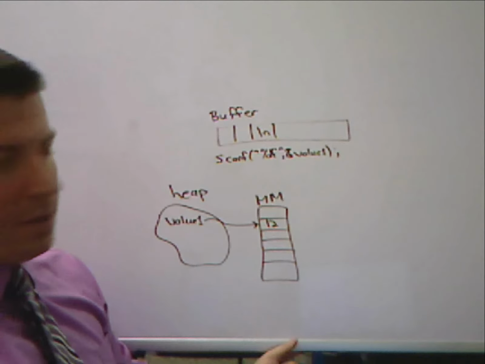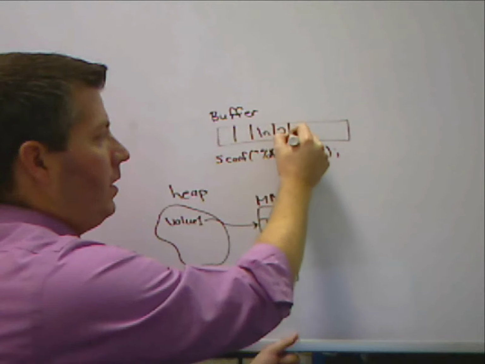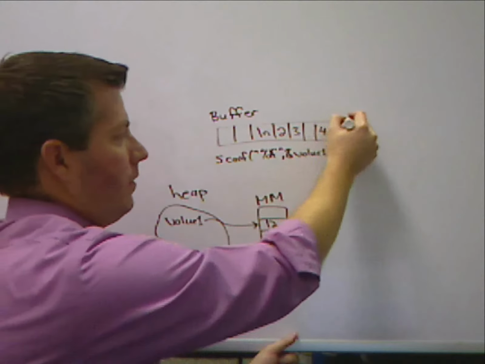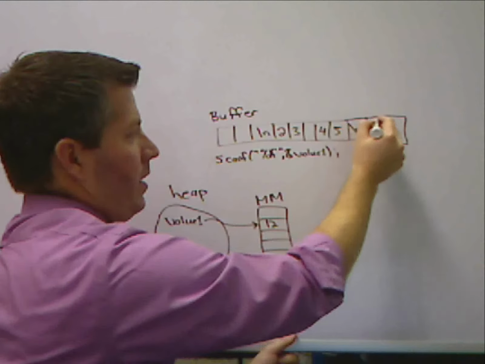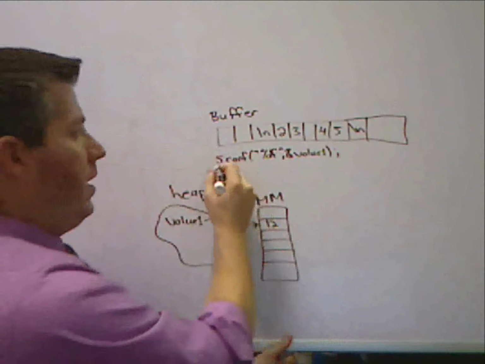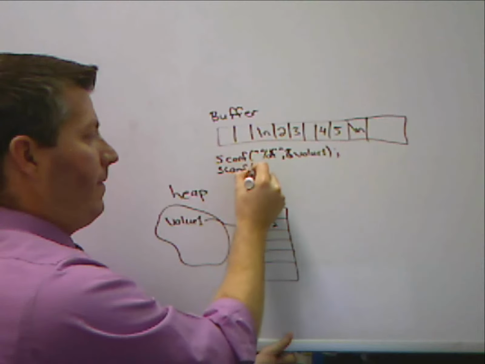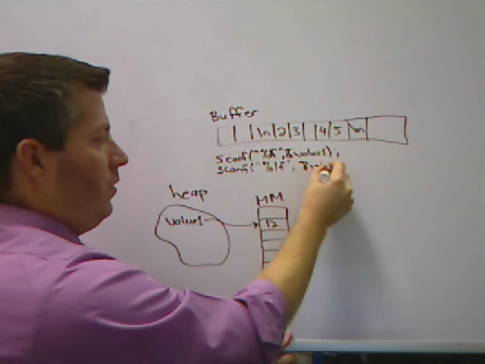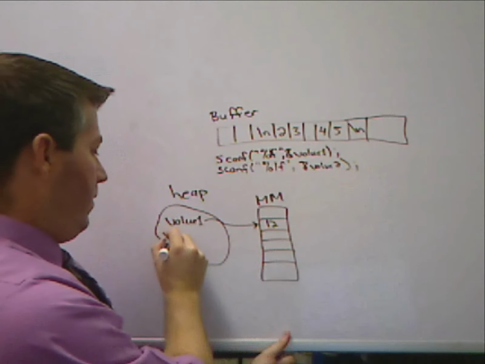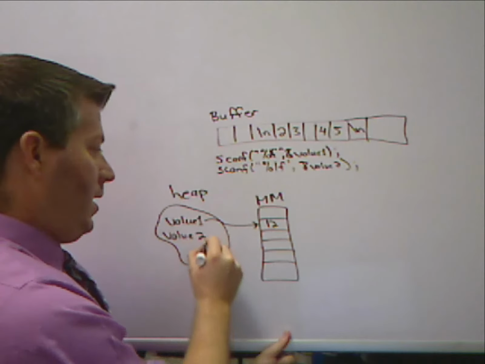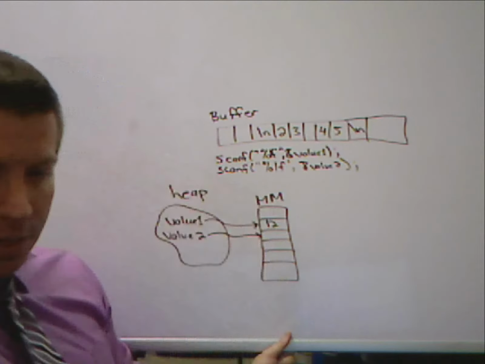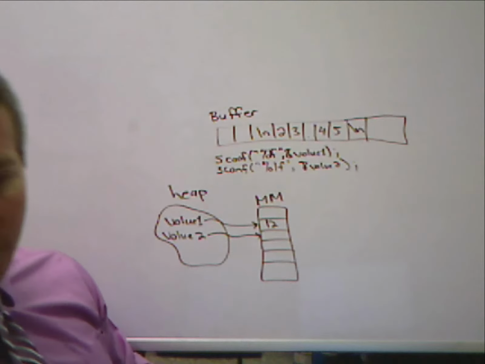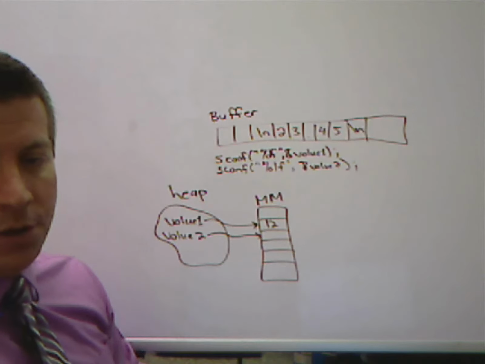Now, when we typed in our next one, we said 23.45, followed by a new line character. And then we had in our code scanf a long float on value2. So we get value2 on the heap, pointing at some location in memory, and we are going to now get the next double value out of the buffer.